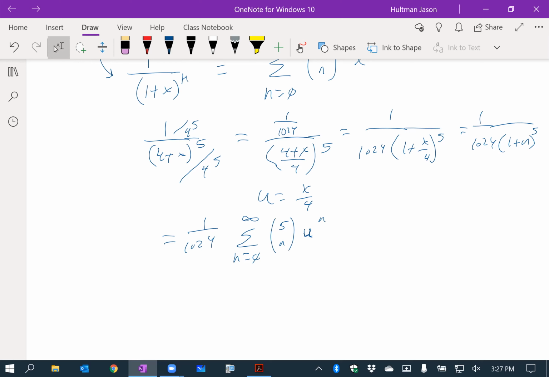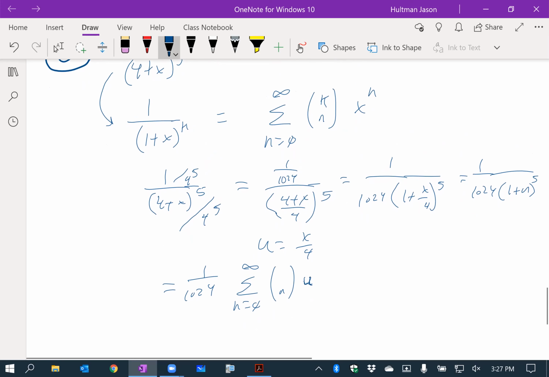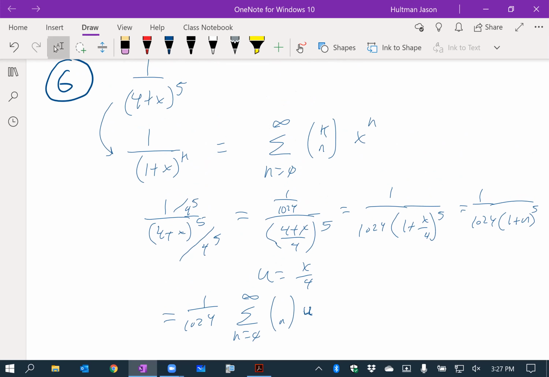Oh, you know what? This is not 5. This is negative 5. My bad. This is to the negative 5th power. Yeah, because this is a negative k. So this really is 1 plus x to the negative k power.